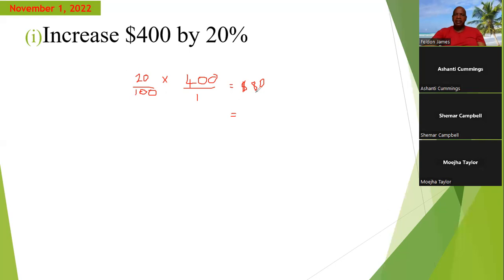And do it in a step-by-step process for me. Okay. All right, so I'm going to clear and have you start it. Go ahead now, Miss. Okay, so sir, I have 20 over 100 times 400 over 1.